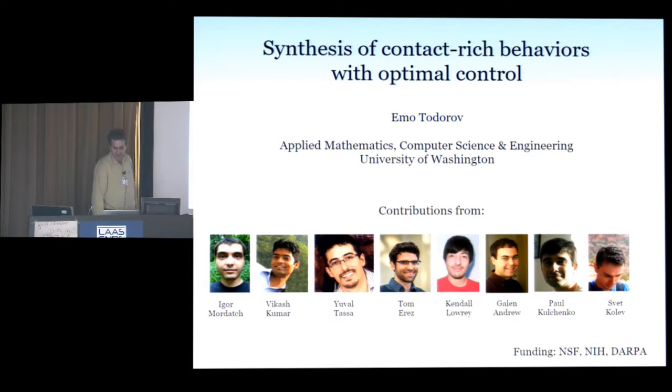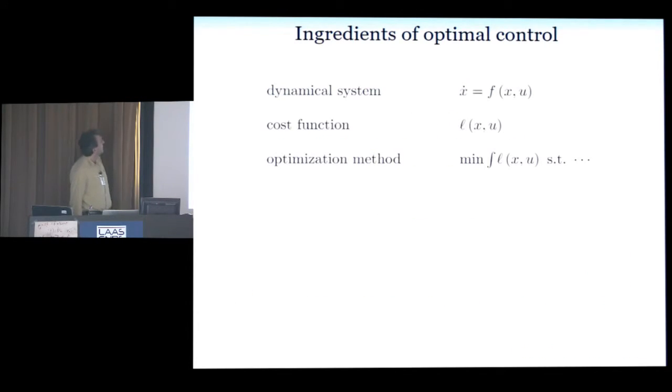Now, the general idea of optimal control, when you actually try to do that in practice, there's three ingredients. One is the cost function, the thing that you're going to optimize. And then you usually integrate it over time, maybe under constraints, and you need some optimization algorithm that is going to do it for you.